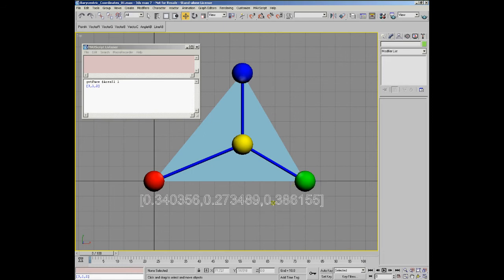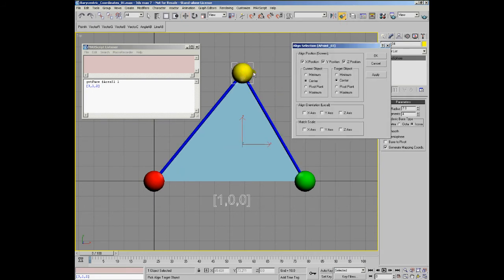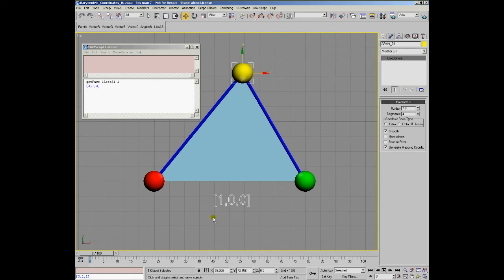If we take a look at the resulting barycentric coordinates, we can see that if we align our point to the first vertex in the face, vertex number 3, then the first barycentric coordinate is taken as 1 and the other 2 as 0, because the area of the small triangle is the same as the full area.